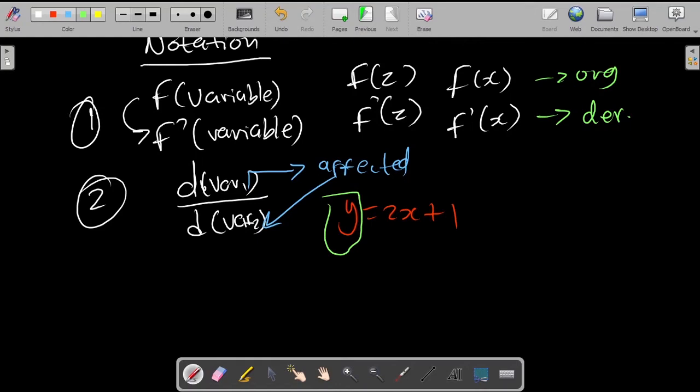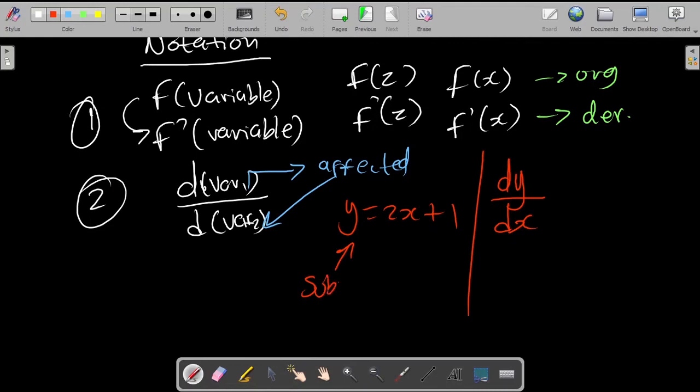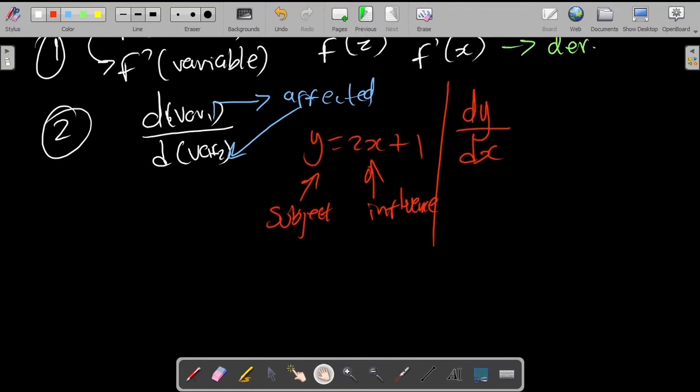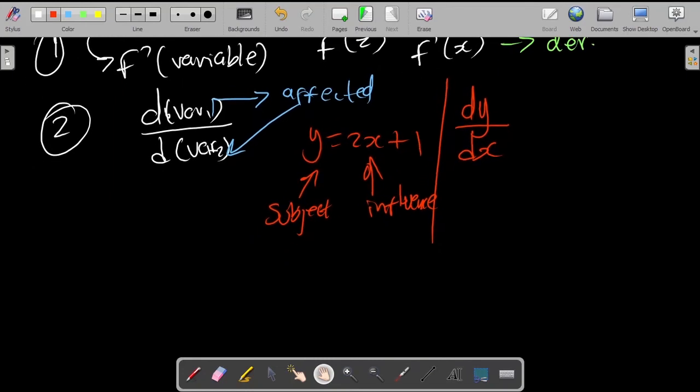So y is affected by variable x. If you want to use this kind of notation, then your derivative would be d of the affected variable, divided by d of the variable that actually affects the top variable. So you can look at this as some sort of subject, and you can look at this as being the influence. I'm not sure about these terms, but in English you can talk about it in that sense. And yeah, this would be your notation.